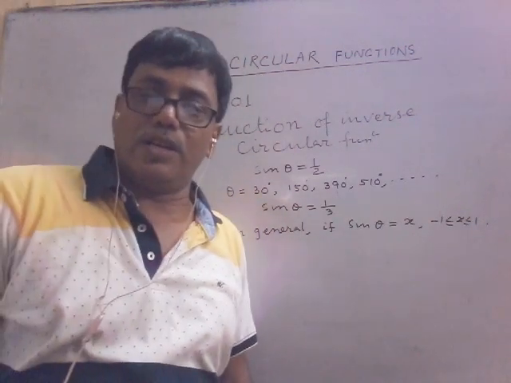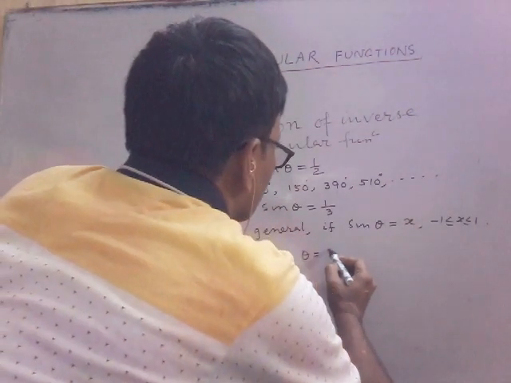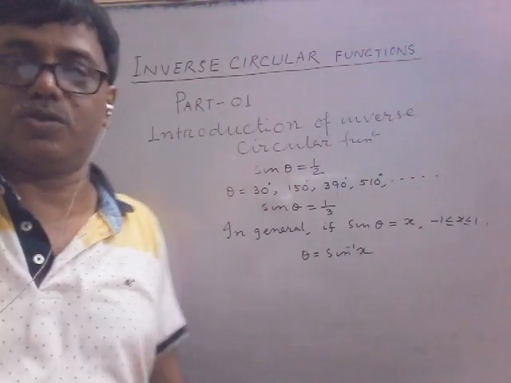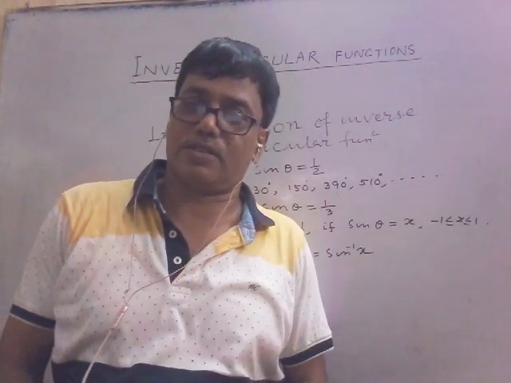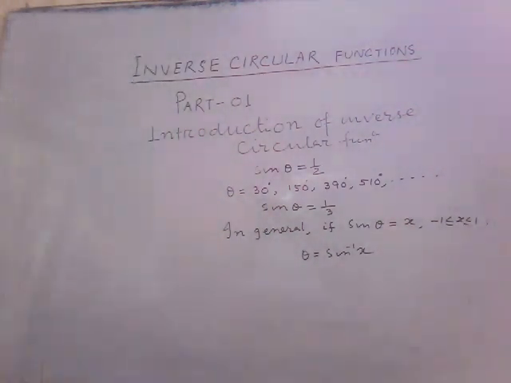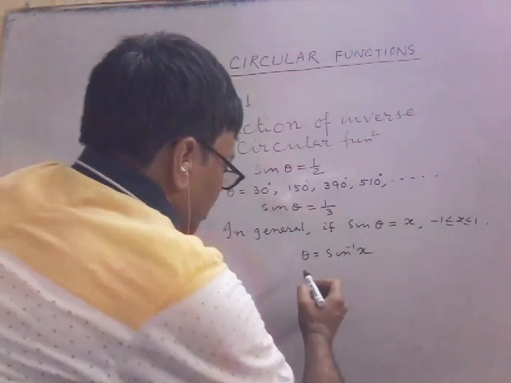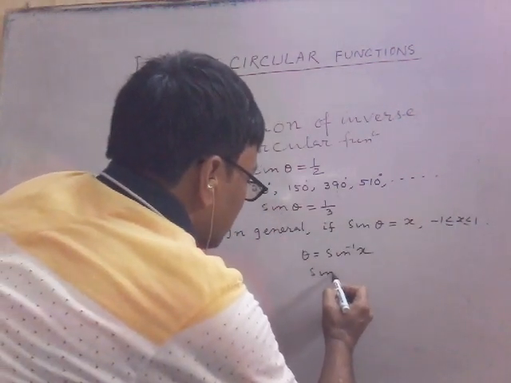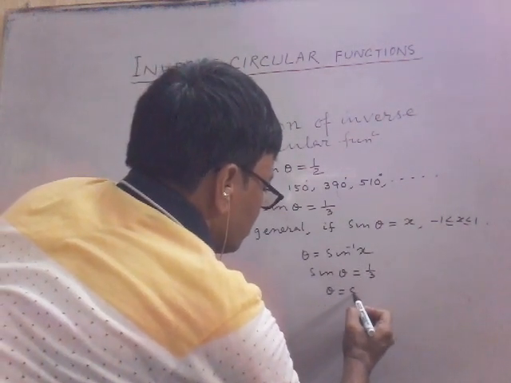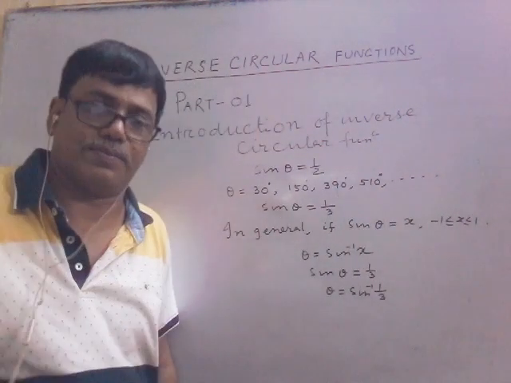This is conversely written as theta equals sine inverse x. Now, using this definition, we can write if sin theta equals 1 by 3, theta equals sine inverse 1 by 3.